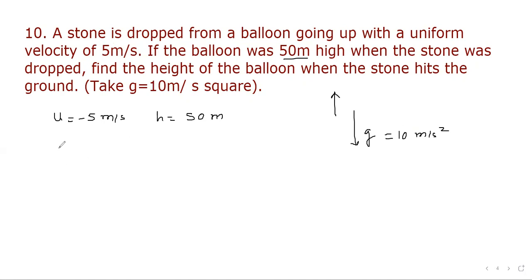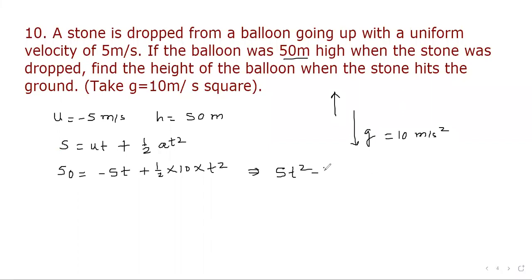For that purpose, we write S equal to ut plus half at square. Here S is 50, u is negative 5, so 50 equals minus 5t plus 1 by 2 into 10 into t square. This becomes a quadratic equation, 5t square minus 5t minus 50 equals 0. We can divide each term by 5 to get t square minus t minus 10 equal to 0. Now we can get the value of t.